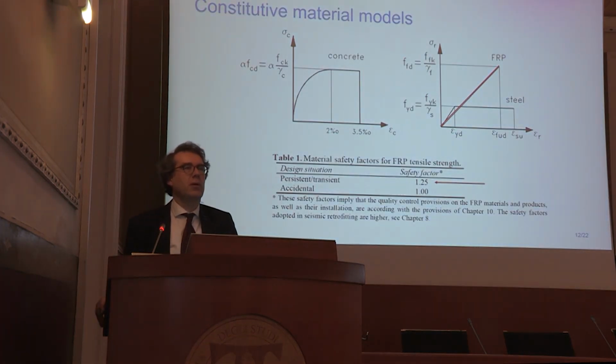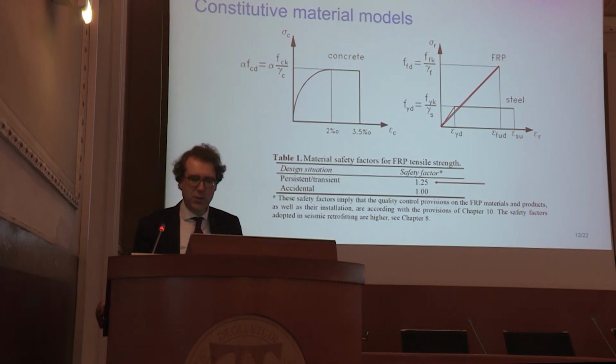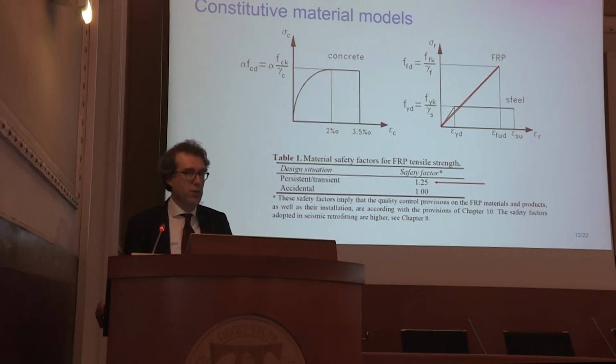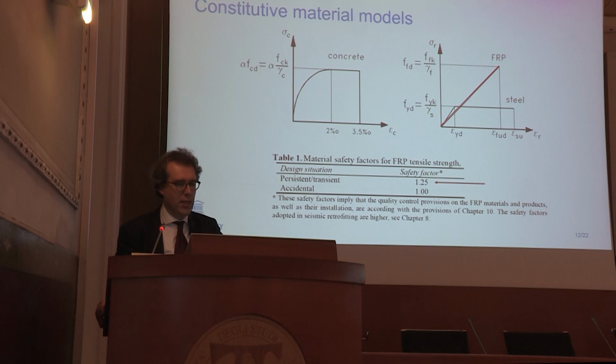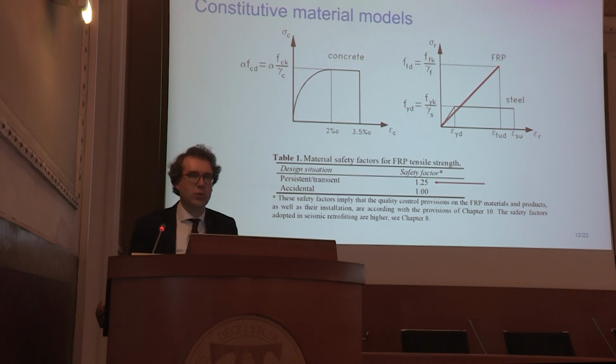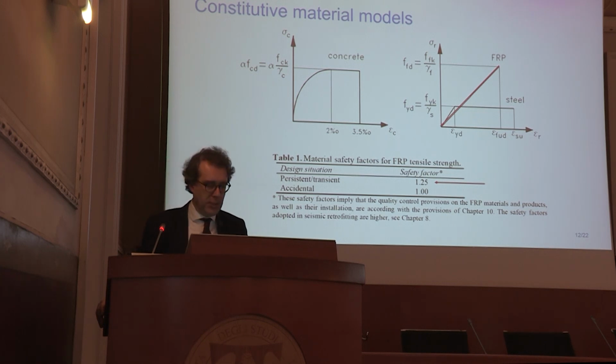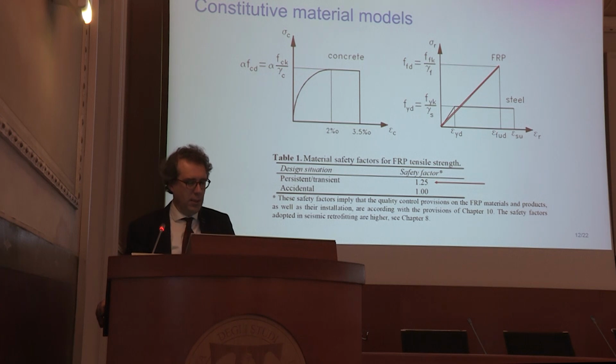The bulletin, as a starting point, of course, defines the constitutive material models. I think this is also straightforward for a lot of you. You probably are familiar that FRP materials have linear elastic behavior. So if you look at the red line on the screen, you see the constitutive material model we apply in our design, and associated to that, we need to define a safety factor, the material safety factor in persistent design situations, which has been decided by the group that 1.25 is an appropriate value.